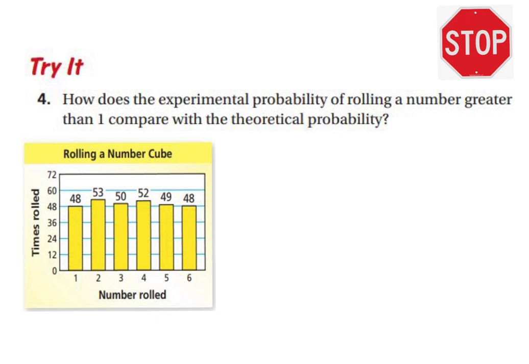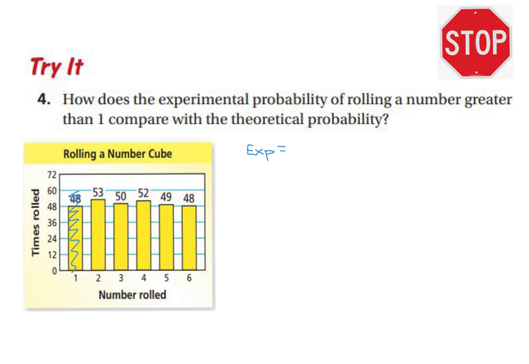All right, so number greater than 1. So that means it can't be 1. So let's start out with experimental. Experimental probability. We have 53, 50, 52, 49, and 48. So let's add all those together. 53 plus 50 plus 52 plus 49 plus 48.